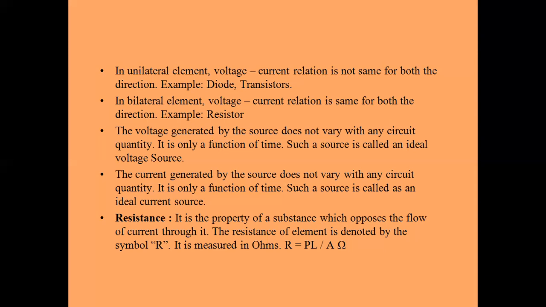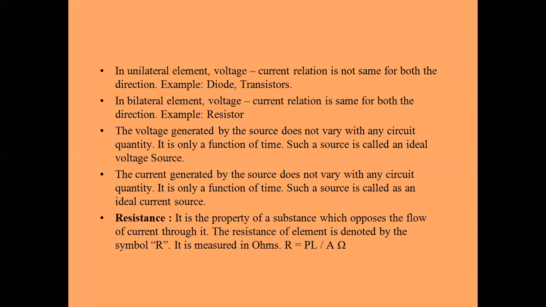The next definition is for resistance. Resistance is the property of a substance or material which opposes the flow of current through it. The resistance of an element is denoted by the symbol capital R, and it is measured in ohms.